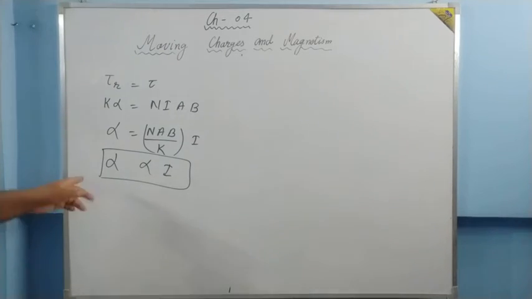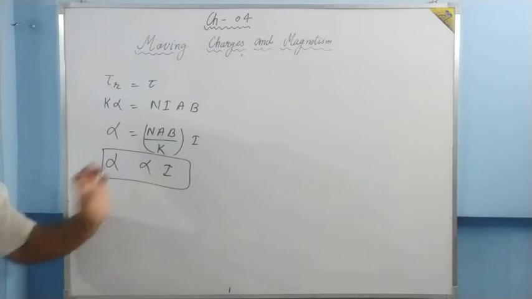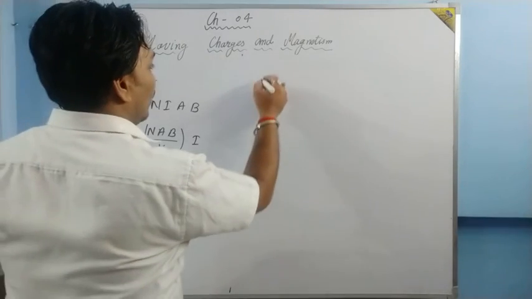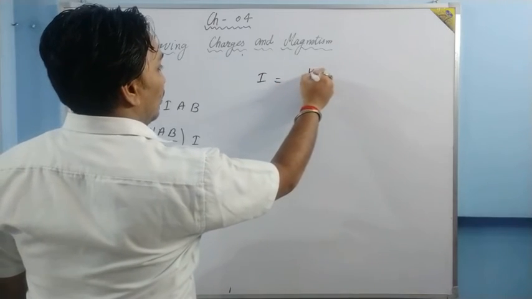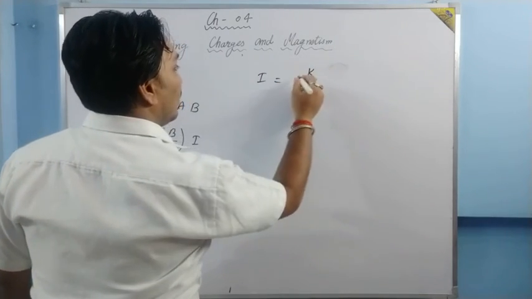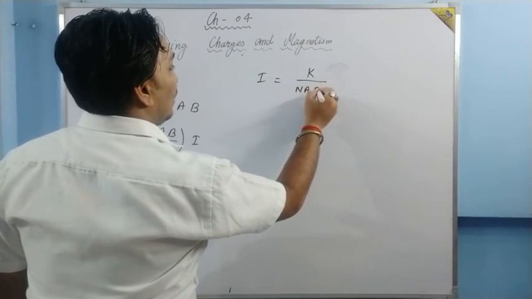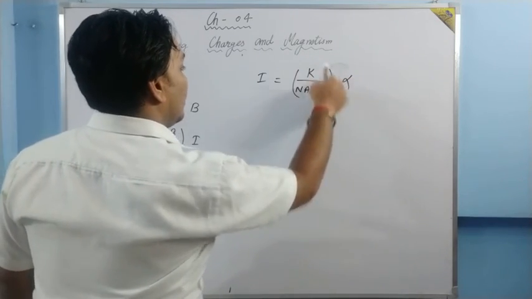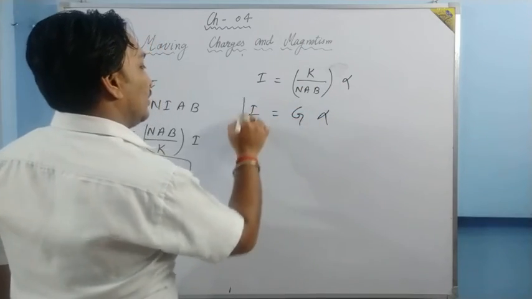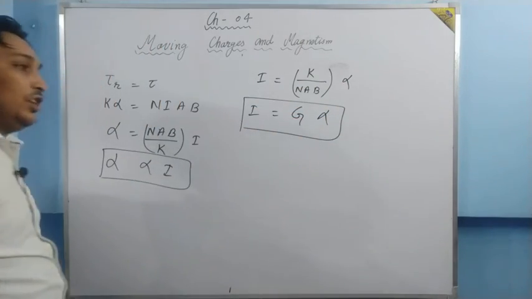So alpha is proportional to I, that I have told you. Deflecting angle is proportional to current. From here, if we calculate the value of I, it will be K upon NAB into alpha. This is called the galvanometer constant and denoted by G. So I is equal to G alpha.